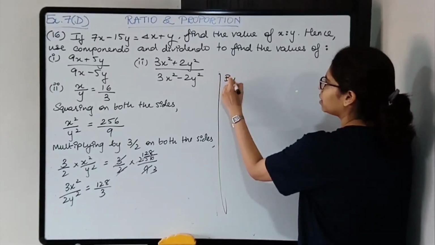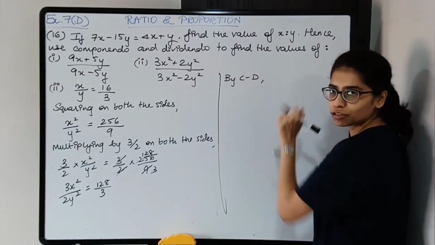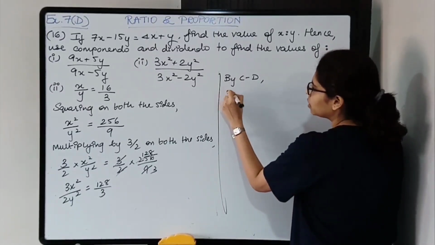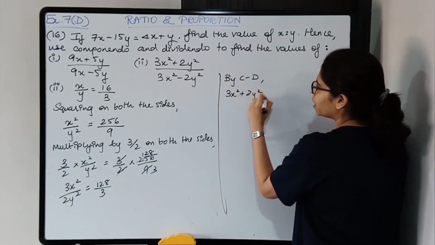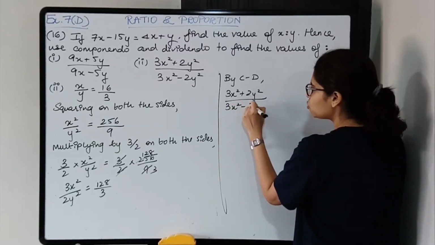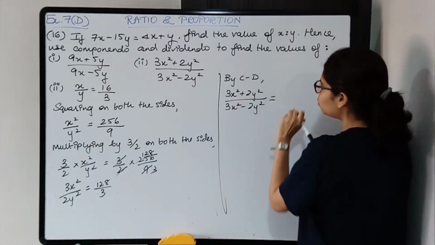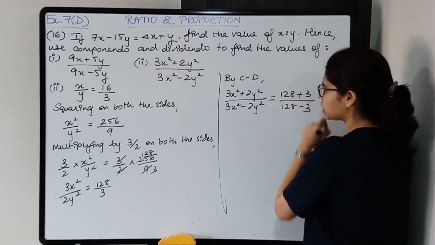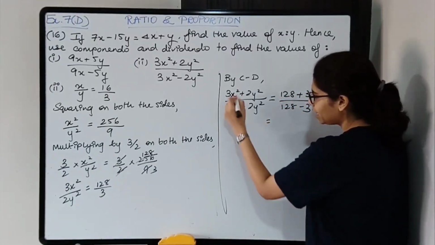So by componendo dividendo, you will write down the full thing, I am not writing it down. By componendo dividendo, 3x square plus 2y square upon 3x square minus 2y square is equal to 128 plus 3 upon 128 minus 3. So write this entire thing again.